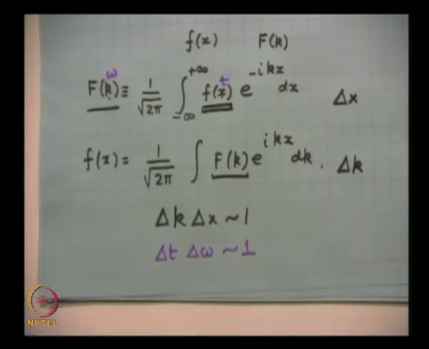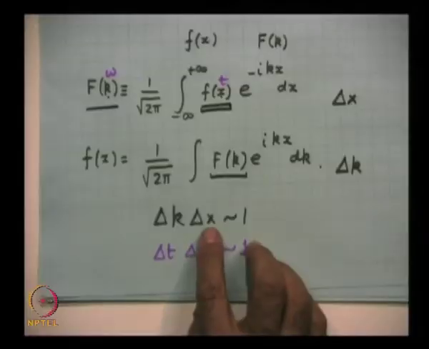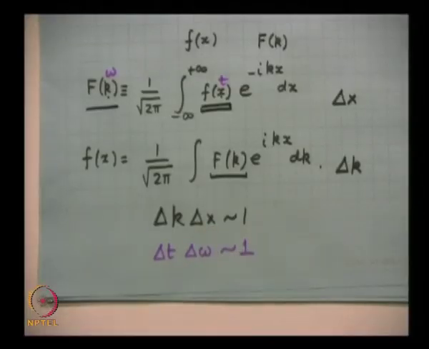So, this completes it. You can carry out this with other examples: take an arbitrary well behaved function f of x, calculate its Fourier transform, and show that if it is localized within a distance of the order of delta x, then its Fourier transform will be localized within a distance of the order of 1 over delta x.